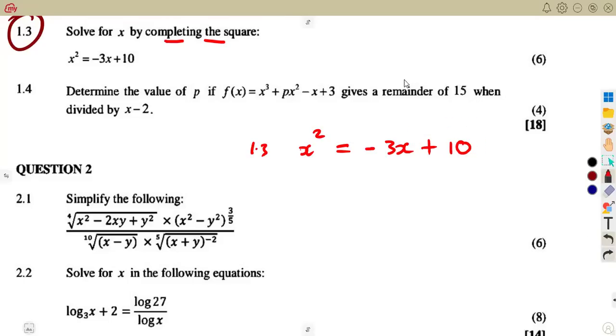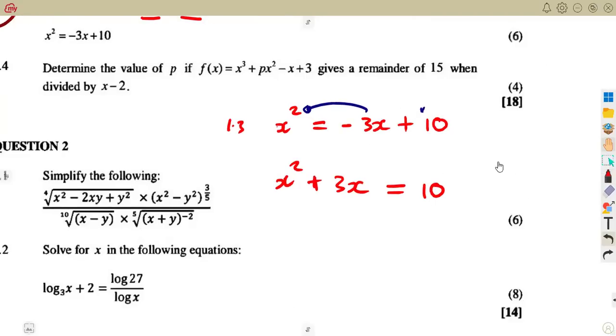We can choose to move all terms to the other side. But let's just leave it here because we do not need this constant. So we're going to take the minus 3x to the other side of the equation. So it will be positive there. x squared plus 3x is equal to 10.